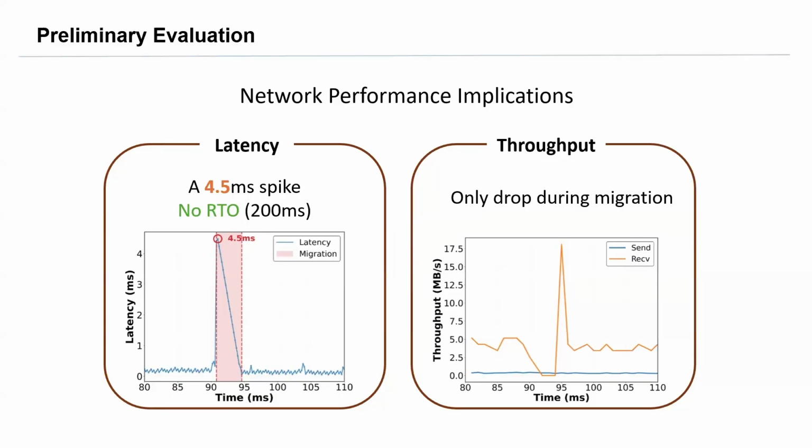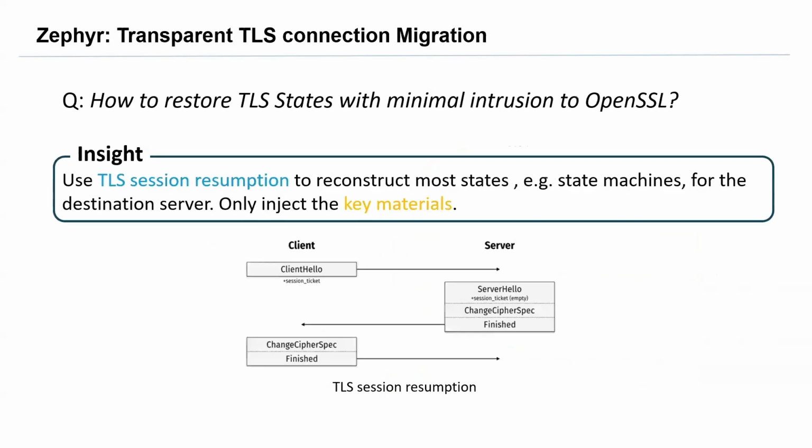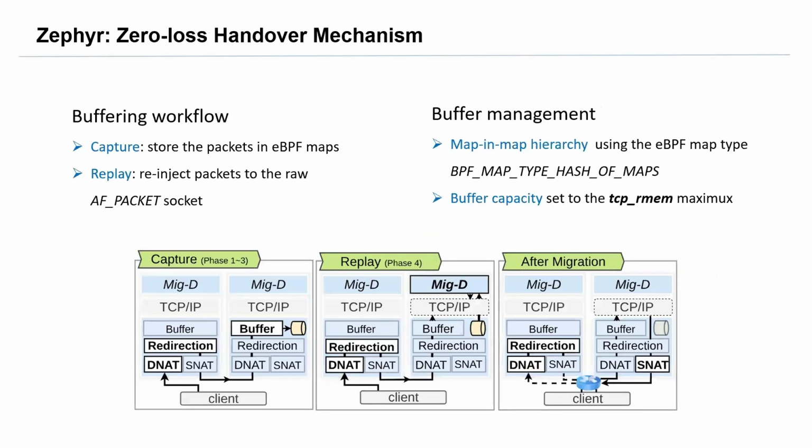Here we set it to the TCP rmem maximum, which is a system parameter in the Linux OS. It's an upper bound of the TCP receive window. So the client will not send any other packets if the non-acknowledged data reaches this point. Yes.